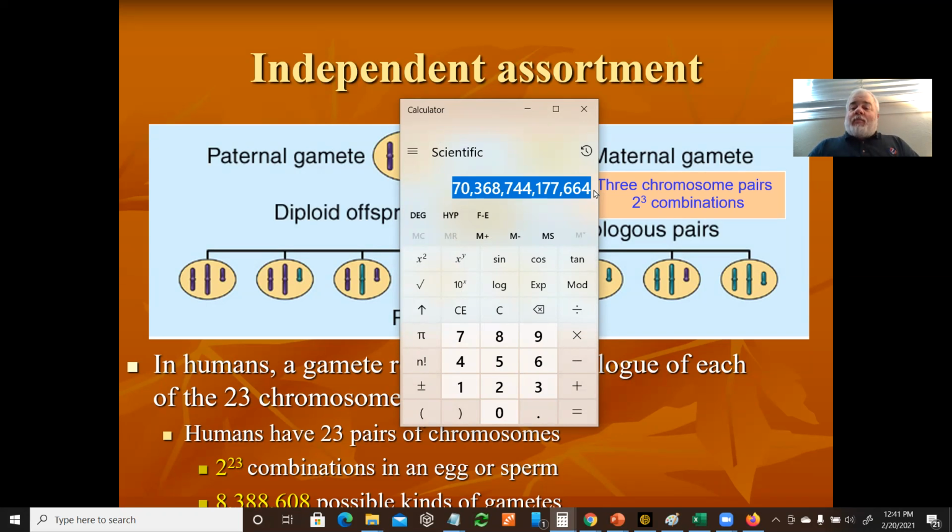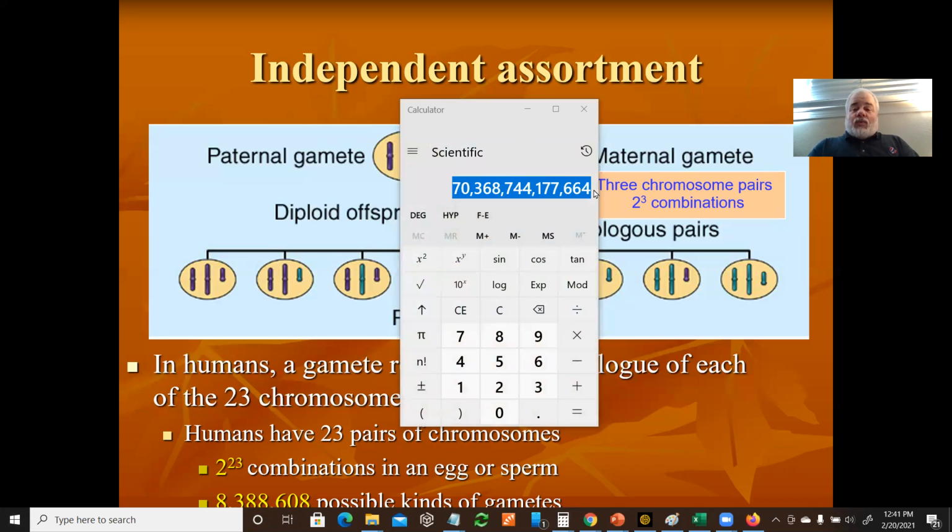So if you look at the human population with all of the genetic variation in the human population, the numbers are staggeringly big, incomprehensibly big, because one couple can have more possible children in terms of the variation that's there than all the humans that have ever lived on Earth, ever, by a lot.